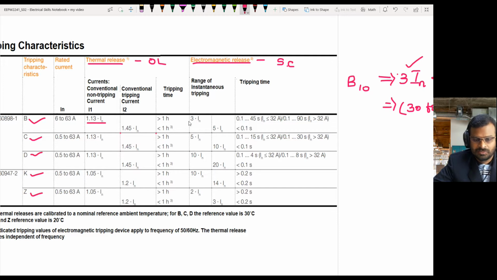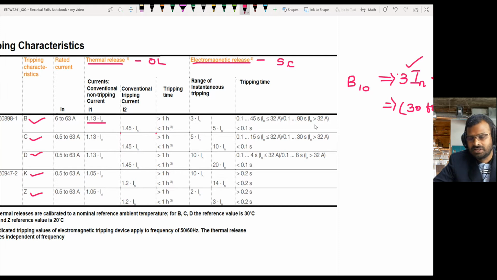When it comes to the trip range of the MCB, 3 IN to 5 IN: when it is 3 times IN, the normal operating current, it takes 0.1 to 45 seconds with respect to the amount of current. It ranges from 3 to 5. As the value increases from 3 to 5, the trip time reduces from 45 to 0.1 seconds for a normal operating current of an MCB less than 32 amperes, so for examples like 10 amperes, 15 amperes, 20 amperes MCBs.